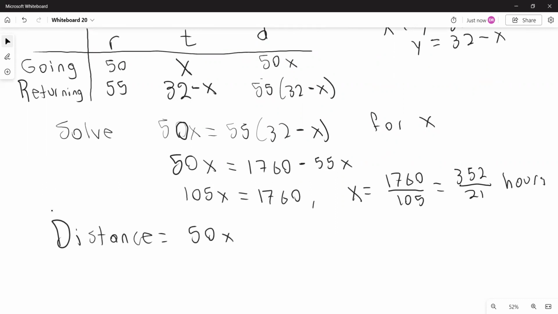That's 50 times 352 over 21. To the nearest mile, that's approximately 840 miles. That's the distance between the cities.